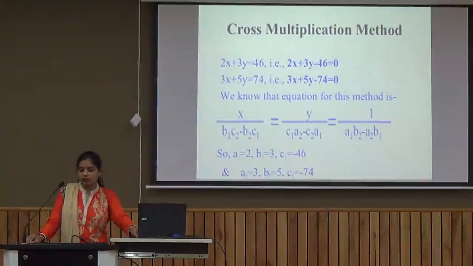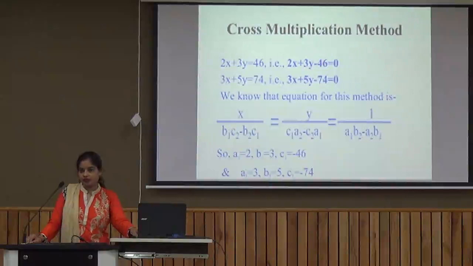Now we know that the equation for this method is x upon b1c2 minus b2c1 equal to y upon c1a2 minus c2a1 equal to 1 upon a1b2 minus a2b1.